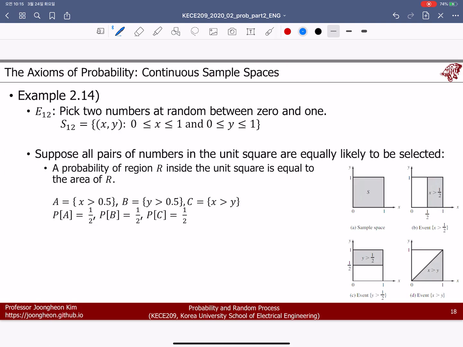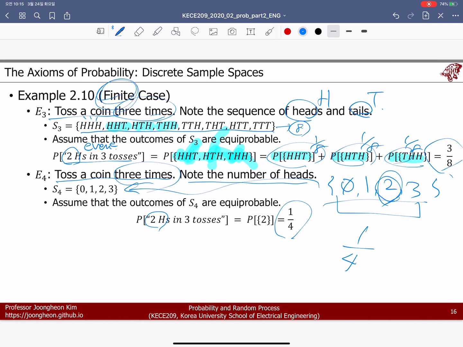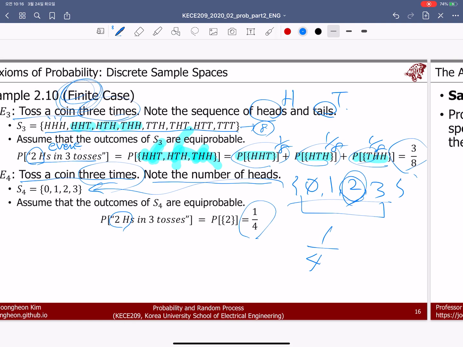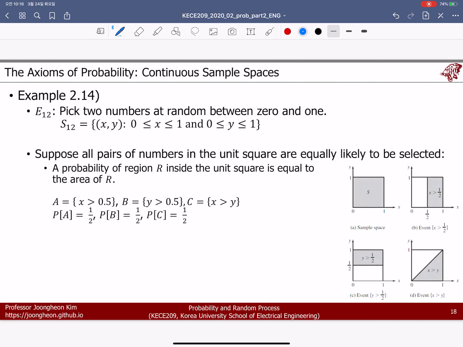So in this example, we are interested in the finite case, and then in this case we have interest in the infinite case. So in this case we will define the region of these variables. Here we will pick 2 numbers at random between 0 and 1.